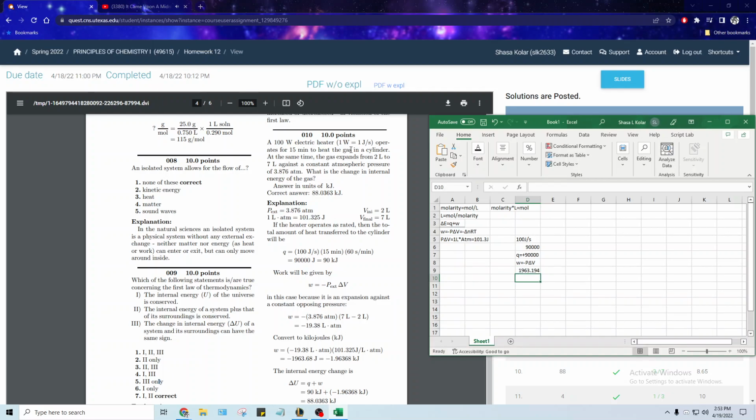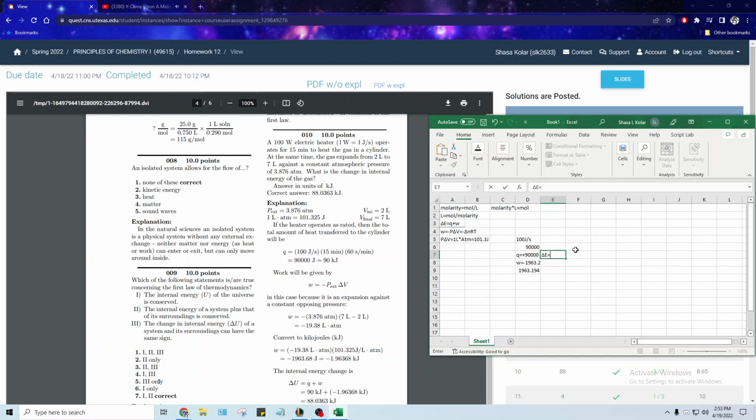So we now have our work done, which is 1963.2. So in order to find our change in E, delta E will equal the Q and W added together.